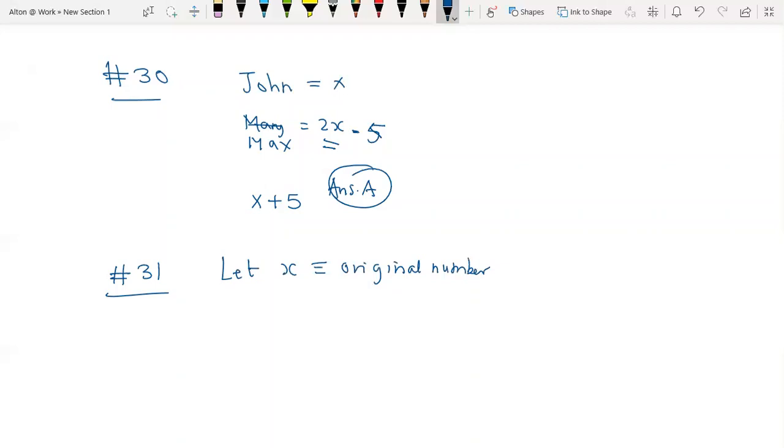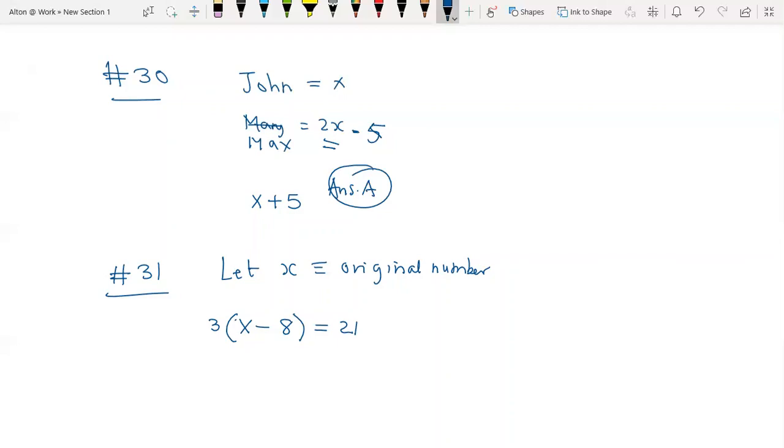Let's read the question again. When 8 is subtracted from a certain number, which is x, it's x minus 8. The result, which is x minus 8, is multiplied by 3. So this whole expression is multiplied by 3, giving an answer of 21. And we are now asked to solve for x.